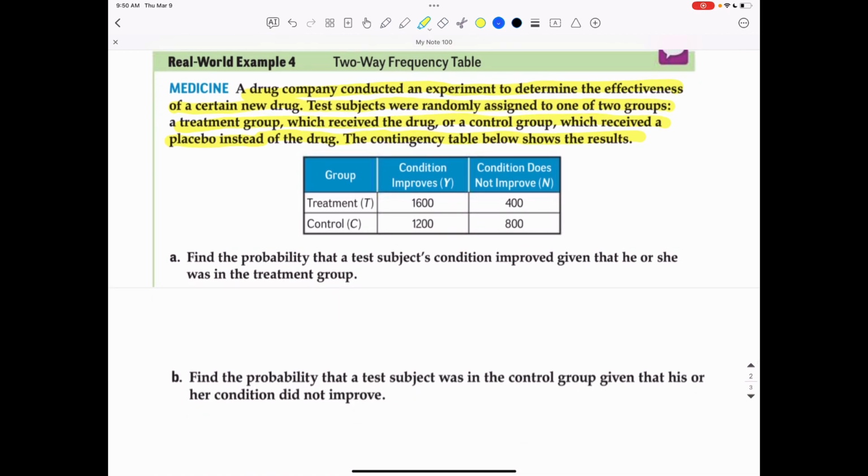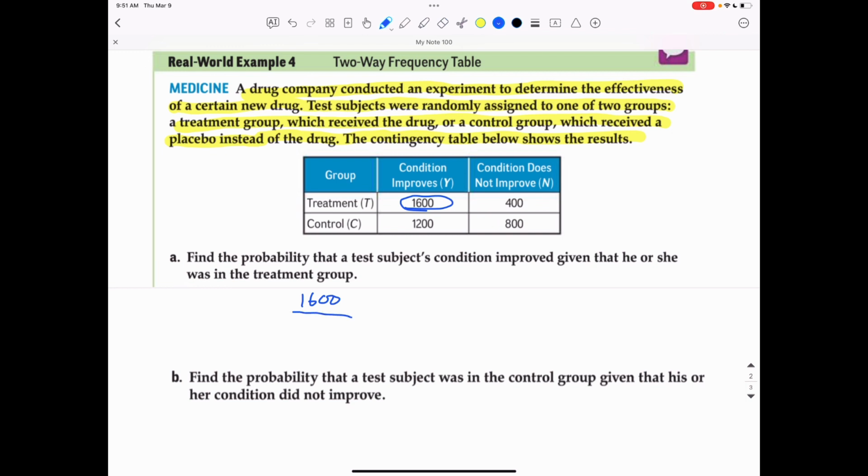So part A is find the probability that a test subject's condition improved given that he or she was in the treatment group. So we're looking for the cell that contains a test subject's condition improving given that they were in the treatment group. So that's this 1600 right here. There are 1600 whose condition improved given that they were in the treatment group.